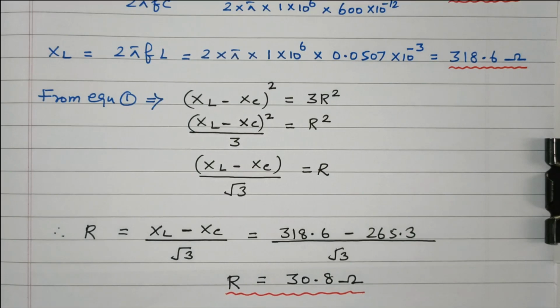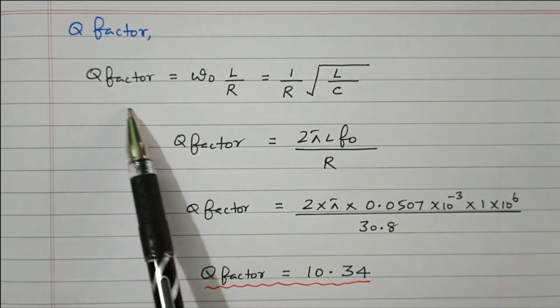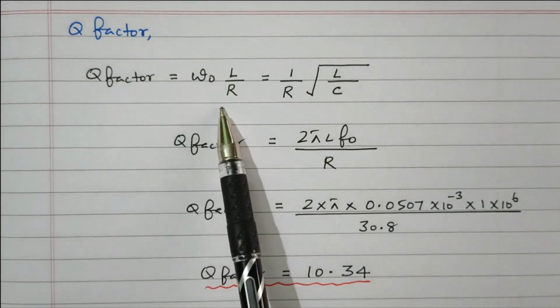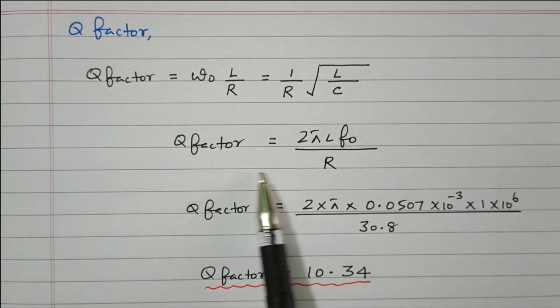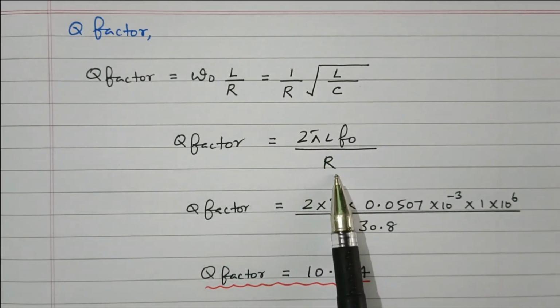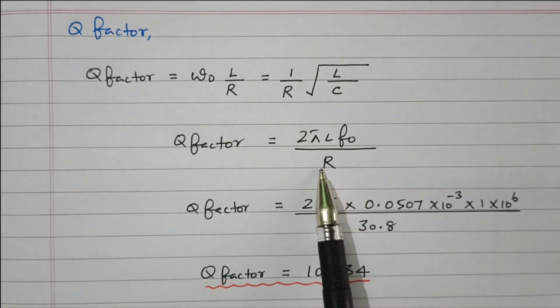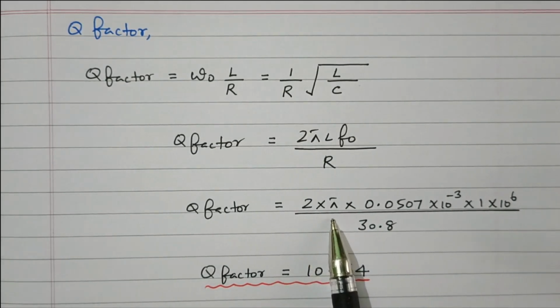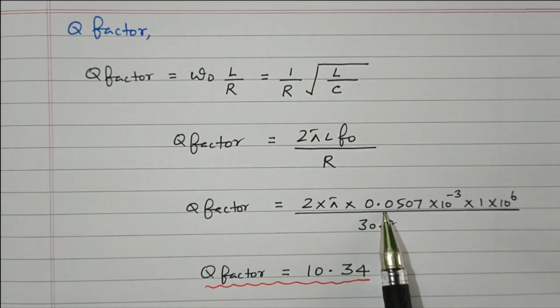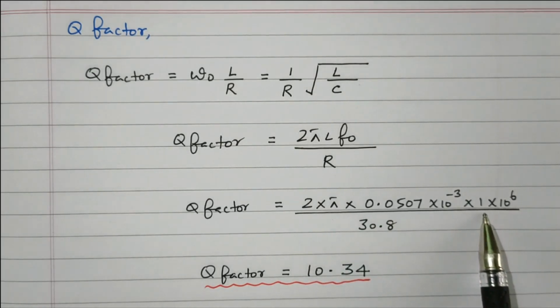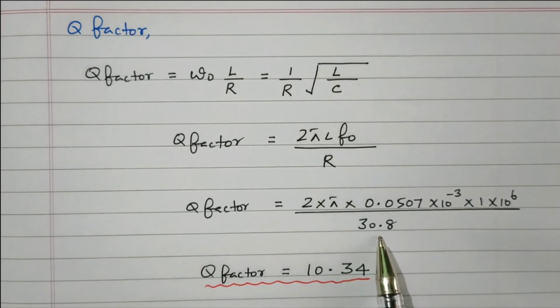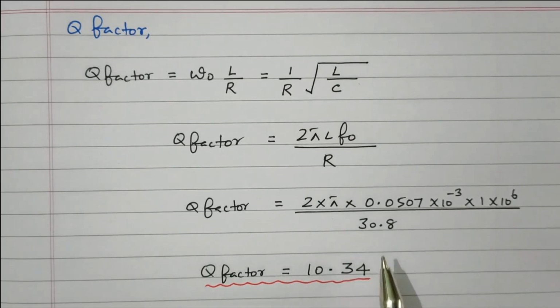Now we'll calculate the quality factor of the coil. Quality factor Q equal to omega naught L by R. Another formula is 1 by R square root of L by C. One more formula is 2 pi L F naught divided by R. Now we will use this formula. 2 into pi into the L value 0.0507 into 10 to the power minus 3, into F naught, 1 megahertz, 1 into 10 to the power 6, divided by the R value 30.8 that we calculated.